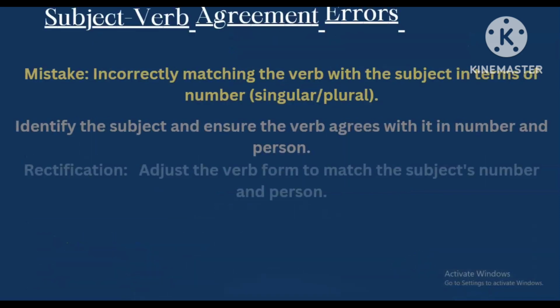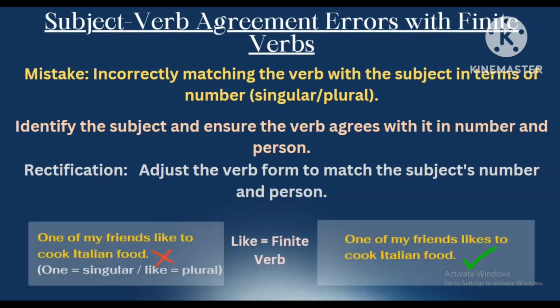And now the most important error, which is incorrectly matching the verb with the subject in terms of number, singular or plural. Do you remember in one of the episodes of verb series, we had discussed about this error?